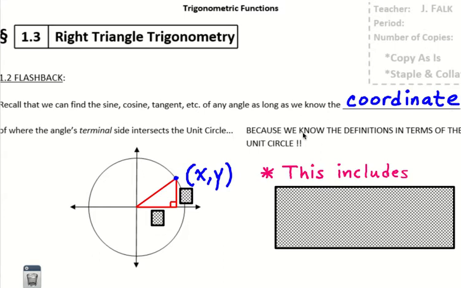This is what I just talked about a second ago, because we know the definitions in terms of the unit circle. That'd be the x over r, y over r, and y over x, etc. We know those definitions.